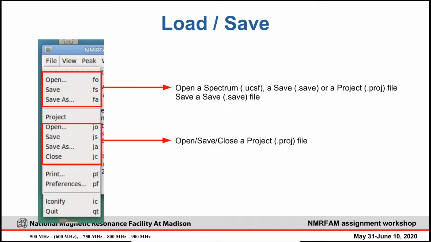Save files will be in a project file, and each save file will have matching UCSF files. So you can save, open a save file, or open a UCSF file from the top part of this menu, and then the project file will be handled below here. You can open a project, save, and you can save as a new project name.